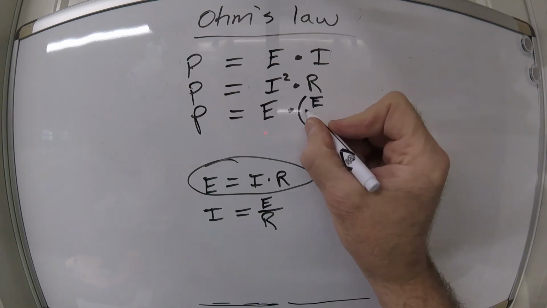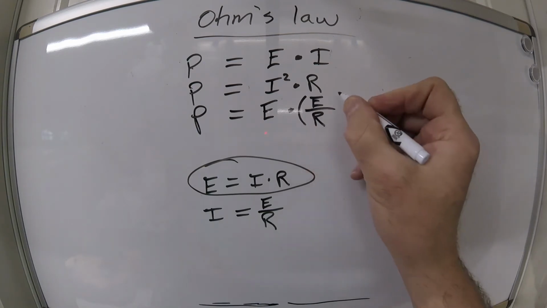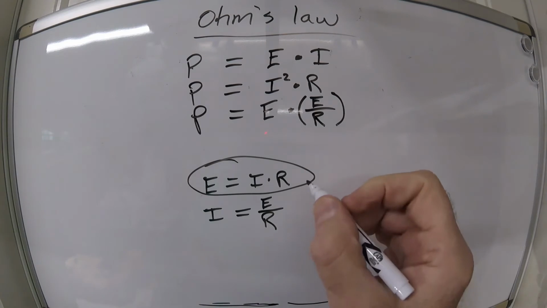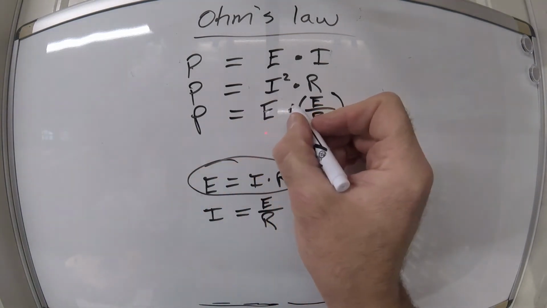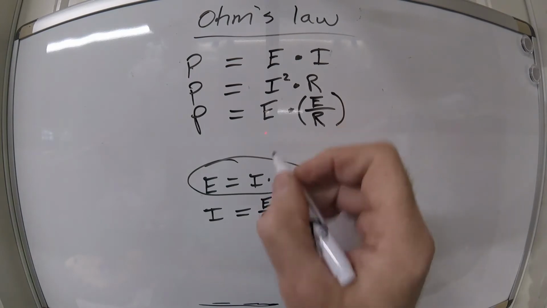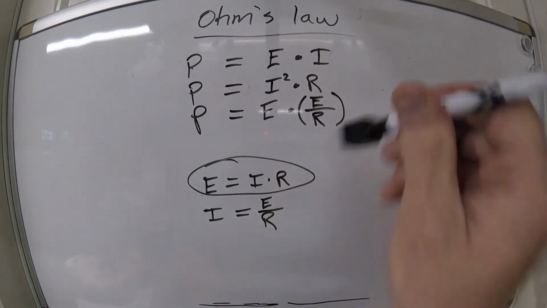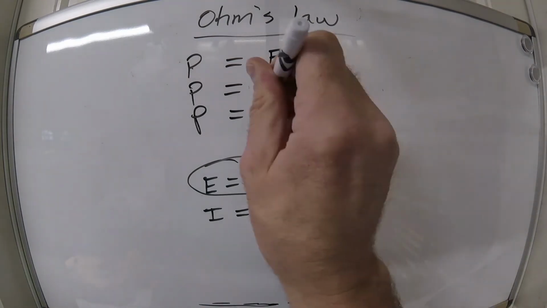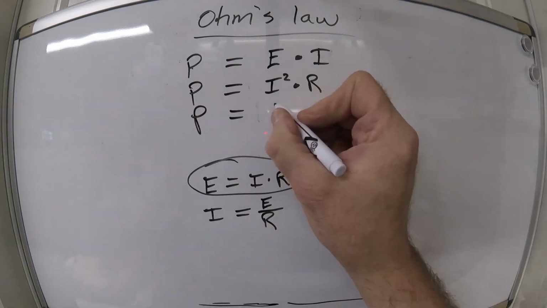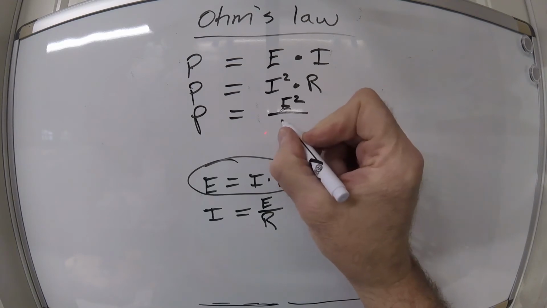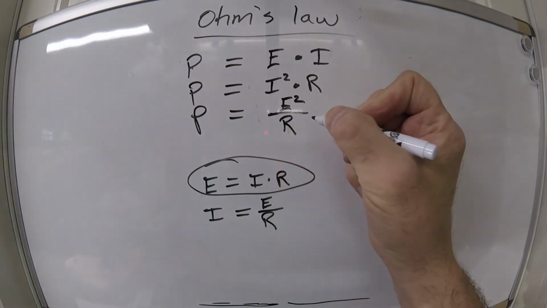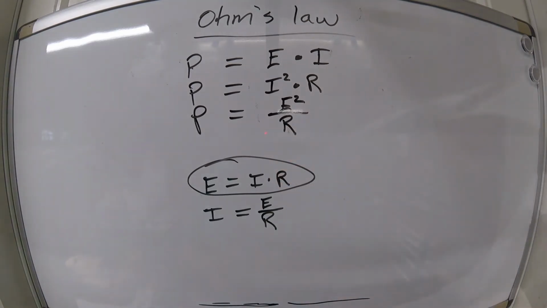So power is equal to voltage times voltage divided by resistance, or in other words, voltage squared divided by resistance. That's not quite as common, but you see how this works.